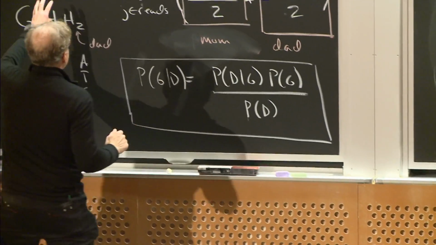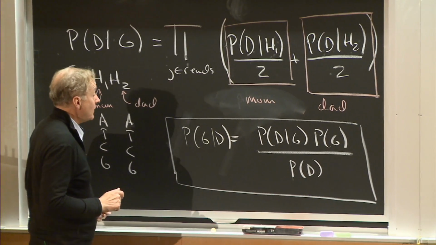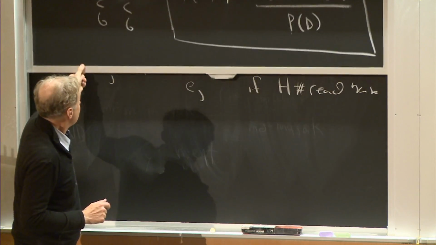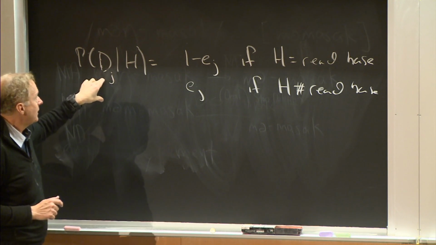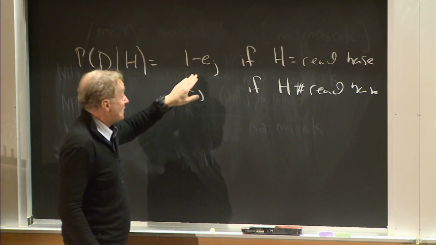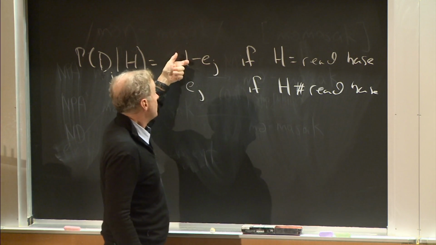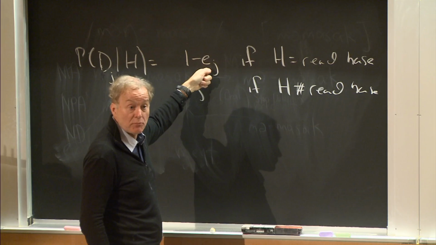So this is the probability of the read set we see given a hypothesized genotype. I'll just show you that it's very simple. We have a read, let's call it D sub j, and we have the base that we think we should see. If the base is correct, then the probability is 1 minus the error that the machine reported.